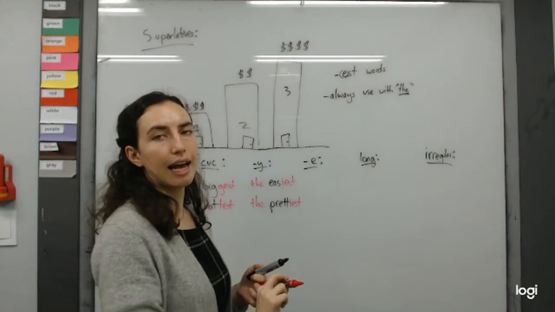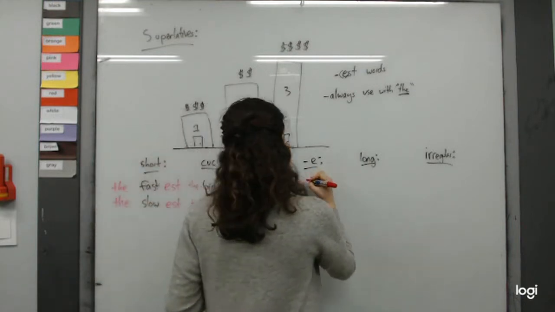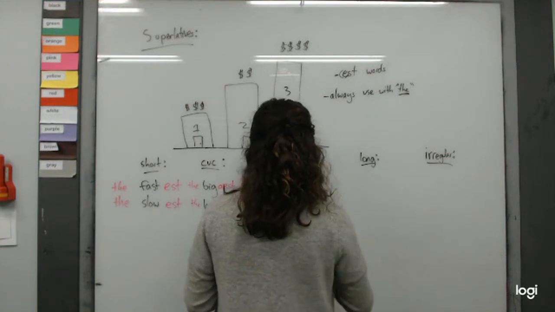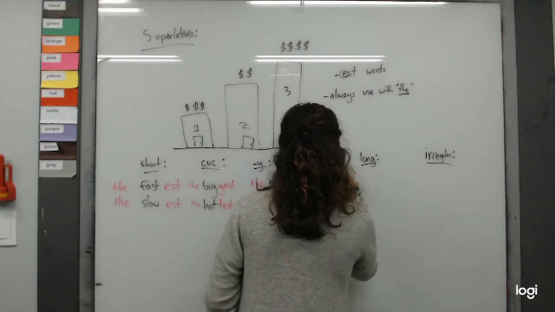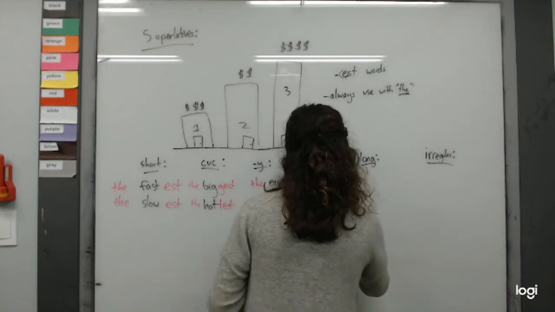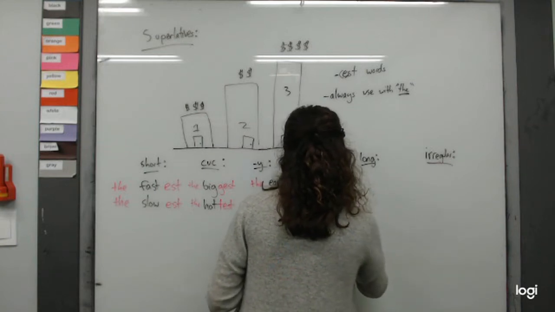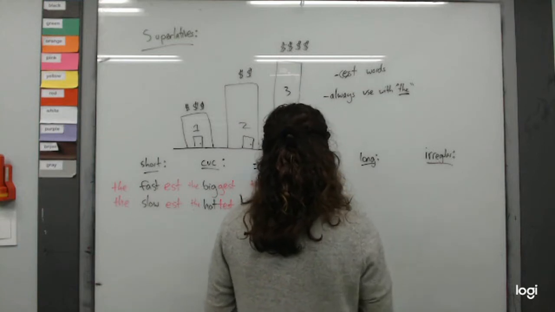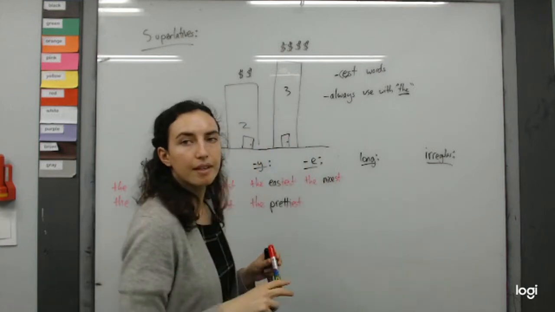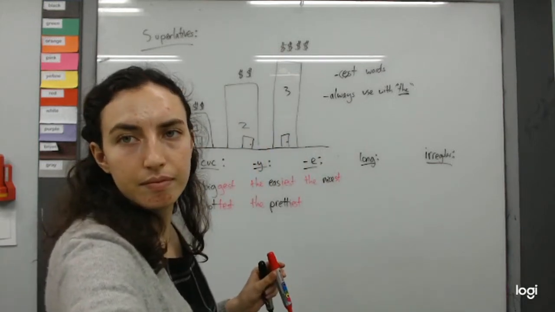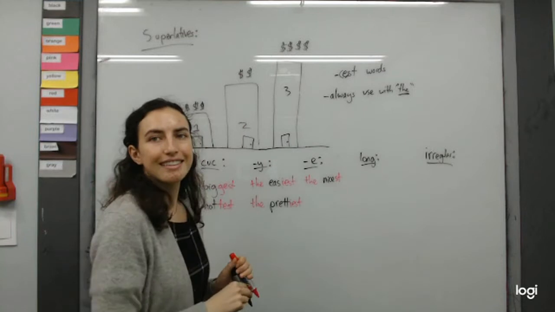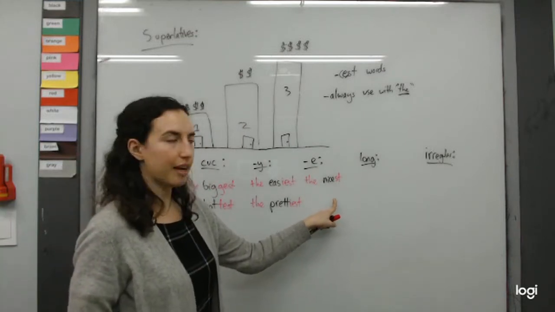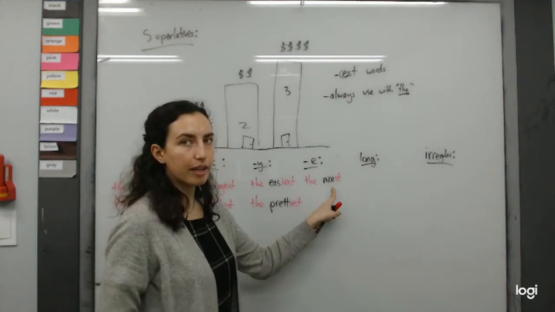Instead, we only add ST. Okay, so we have the nicest. This is the only word I can think of right now that ends with E, but any words that end with E will follow the same pattern.